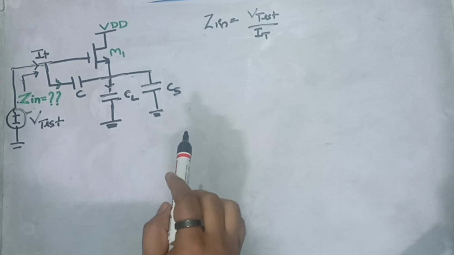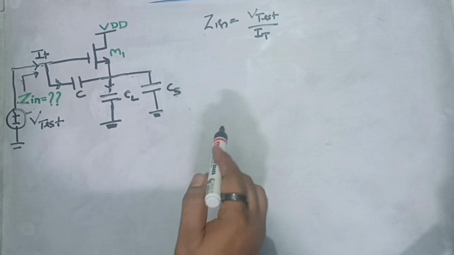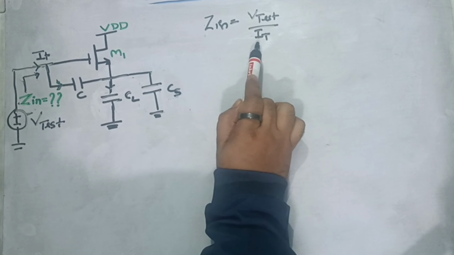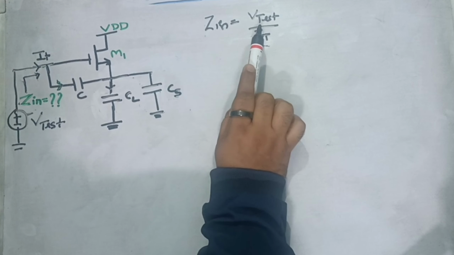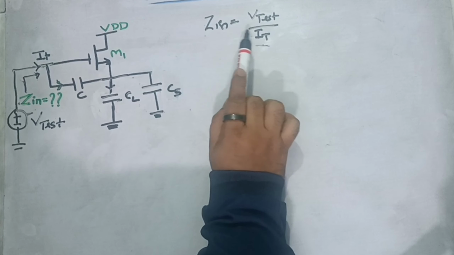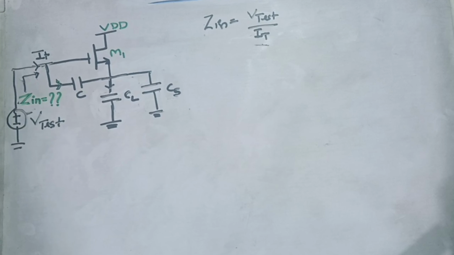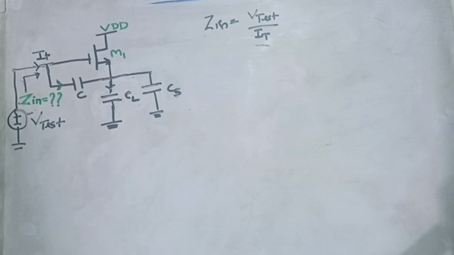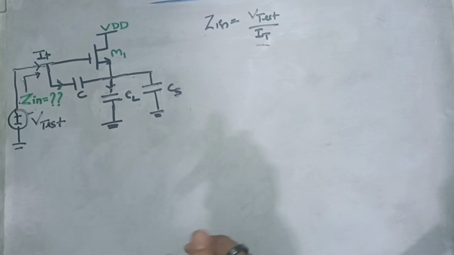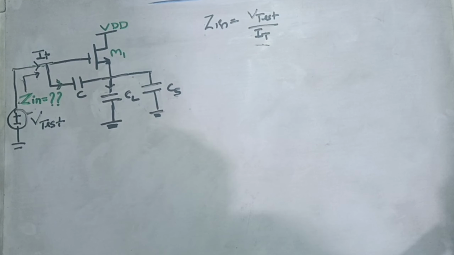When we have to find out input impedance, we can find out the value of current IT, and if we divide V test by I test, we will get the input impedance value which is asked in this question. So now this question is all about finding the value of this current IT.